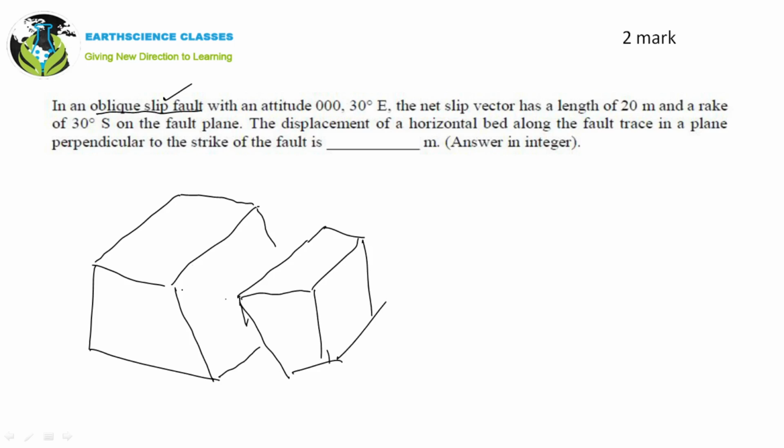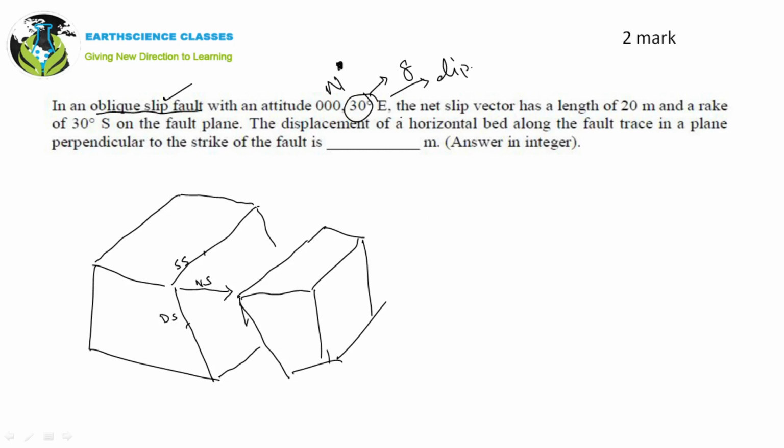You can see this is the net slip direction, this will be strike slip, and this will be dip slip. This is your net slip. So you got an oblique slip fault with an attitude of 0, 0, which means it's along north. That means north-south is the strike, 30 degrees true dip, and east is the dip direction.